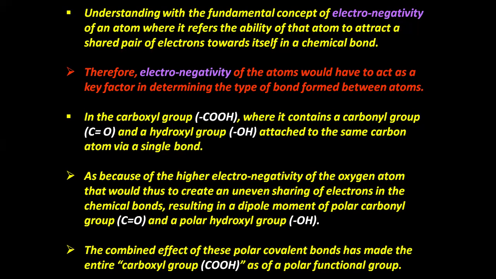atoms. In the carboxyl group COOH, which contains a carbonyl group, that is C double bond O, and a hydroxyl group OH, attached to the same carbon atom via a single bond, because of the higher electronegativity of the oxygen atom, there is an uneven sharing of electrons in the chemical bonds, resulting in a dipole moment of a polar carbonyl group and a polar hydroxyl group.